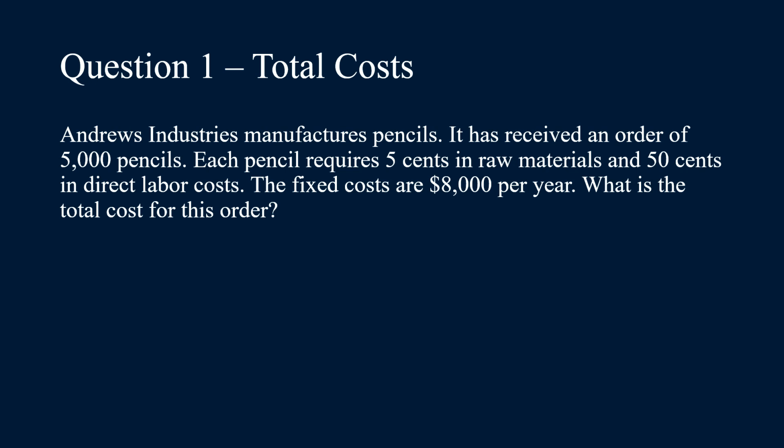So let's just pick out the information that we need. First of all, we know that the raw materials is 5 cents. We know that the direct labor is 50 cents. So if we take 0.05 plus 0.50, we get our variable costs of 0.55. Now we have our formula, total cost equals variable costs plus fixed costs.